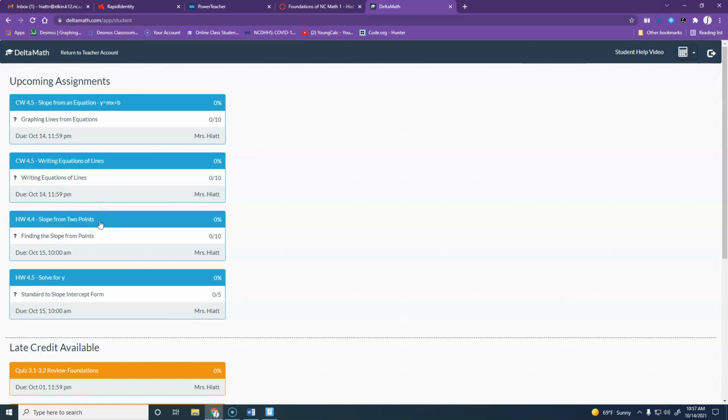I cut it down to 10, so you've only got 10 problems. Then these two right here that are called slope from an equation y equals mx plus b and writing equations of lines. Do this one first, then do this one, but make sure you got slope from 2 points done first. Okay? We're going to see at the end of class.